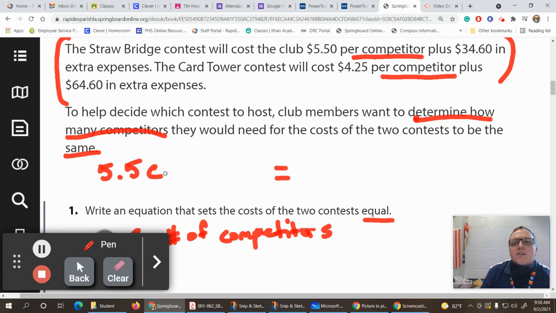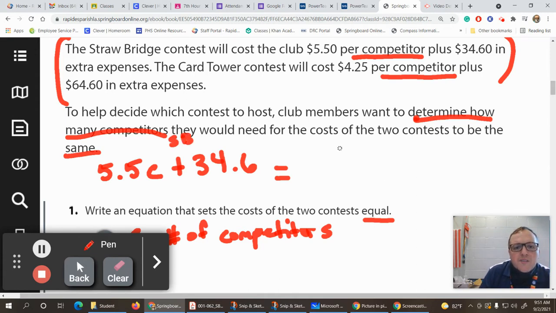Is there any extra cost for the Straw Bridge contest? Yeah, what is it? So we have to add that: plus 34.60. All right, now this one represents the Straw Bridge contest.